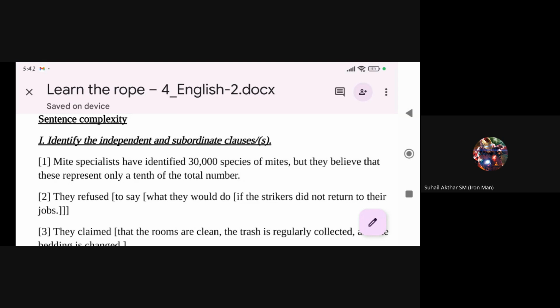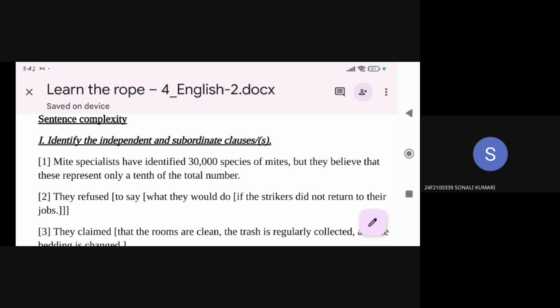So if you have 2 independent clauses already, this is a compound sentence, of course, but do you want to dig deep into this sentence and see if there are other subordinate clauses, maybe, inside this somewhere? For sure, there are 2 independent clauses, no doubt.